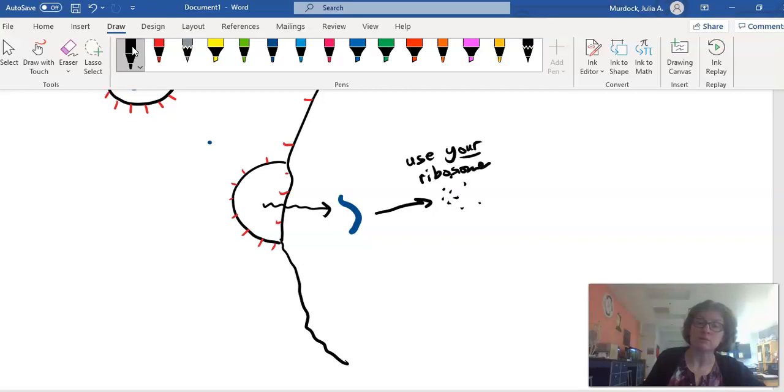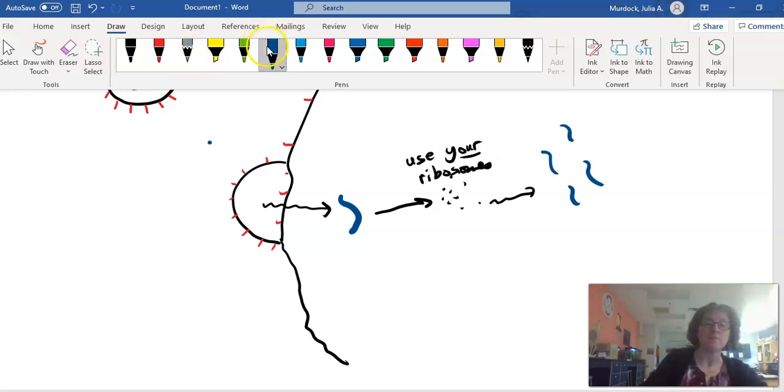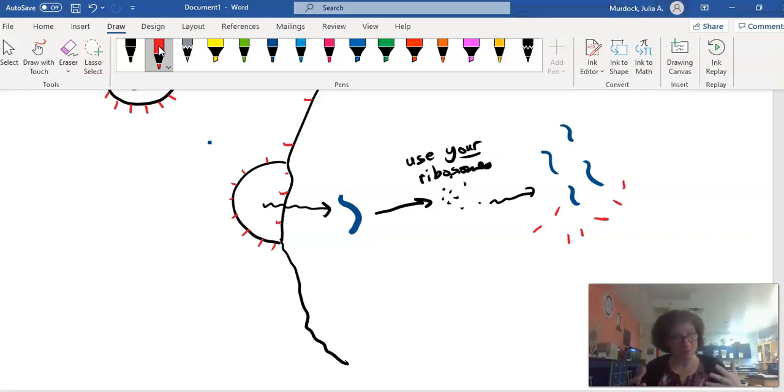It will use your ribosomes to make more RNA, so lots more copies of RNA. It will also make more surface proteins and the things that you need to make new viruses.